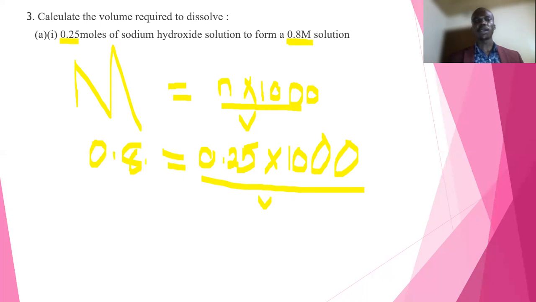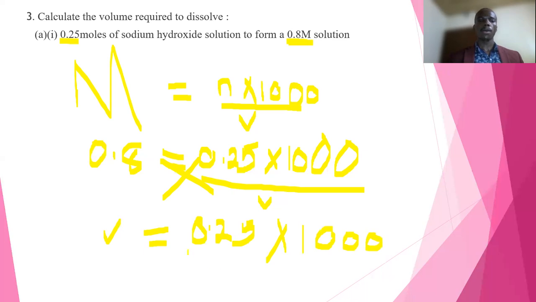So therefore, we can cross multiply. If we cross multiply, the volume itself will be 0.25 times 1,000 over 0.8.